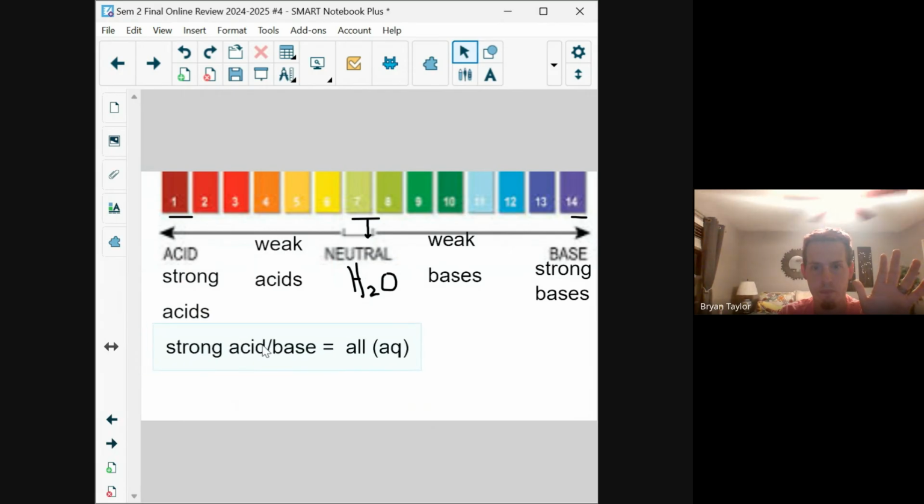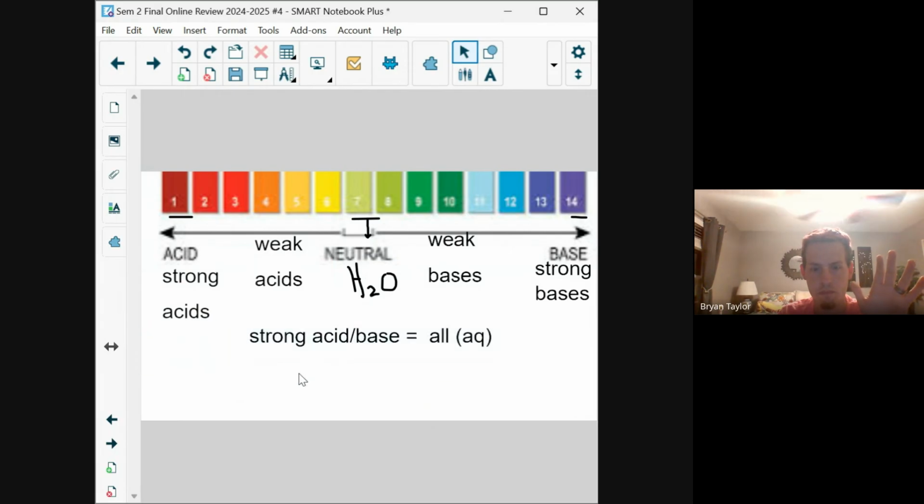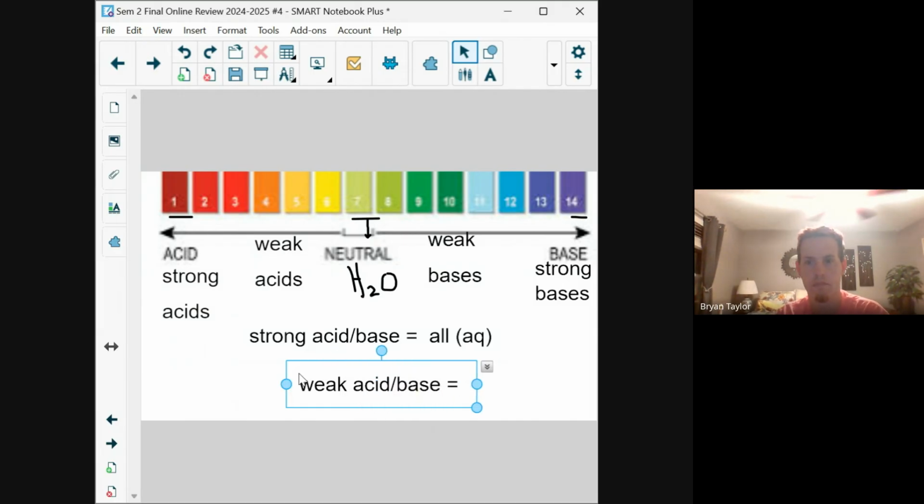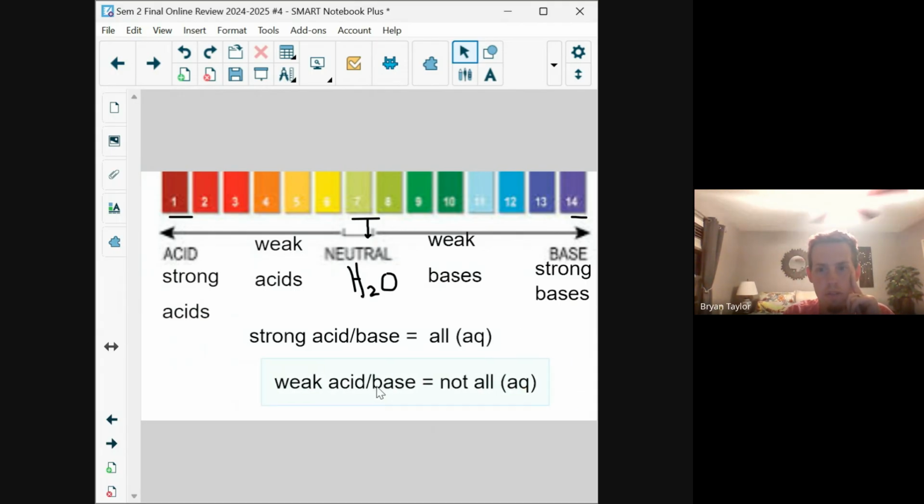A weak acid or base is not all aqueous. That's the difference. And you saw this in the simulation.